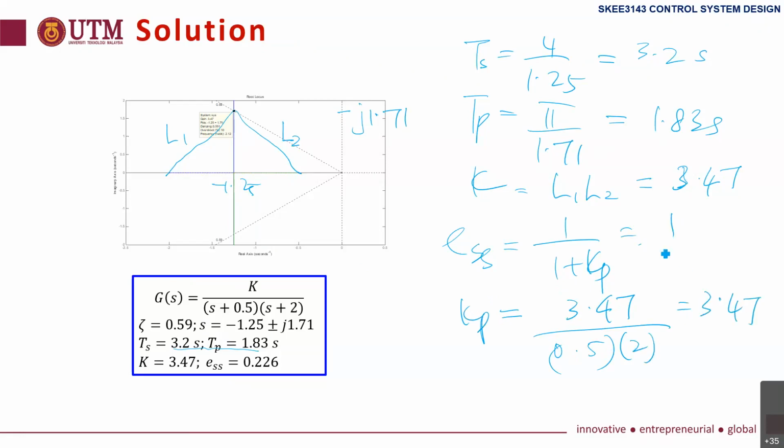So 1/4.47, 0.226 error. Any question here? That is the first one, the one without PI controller.